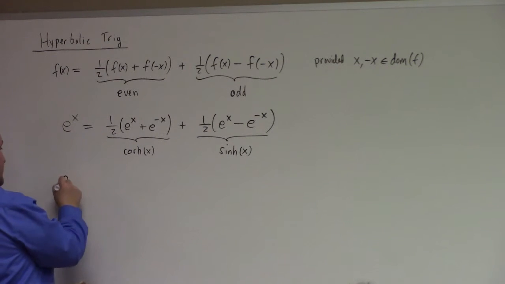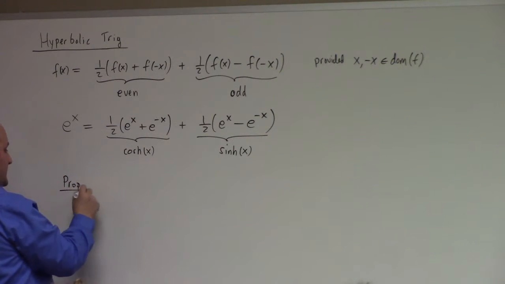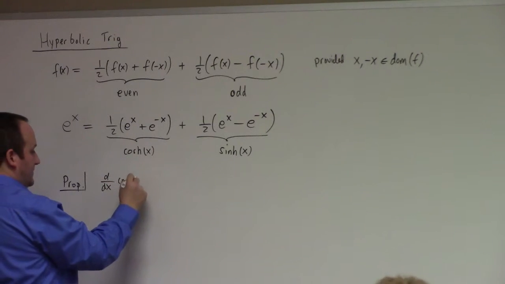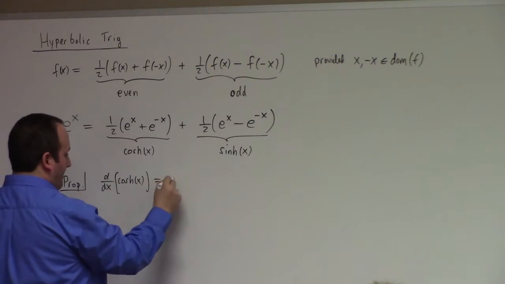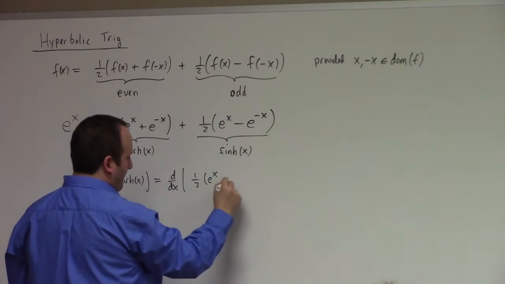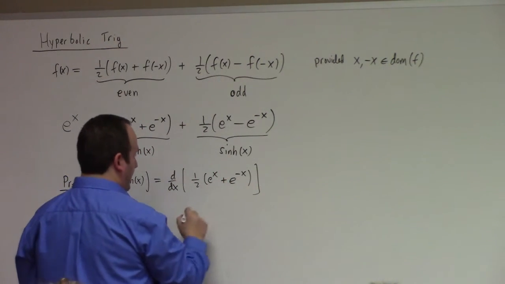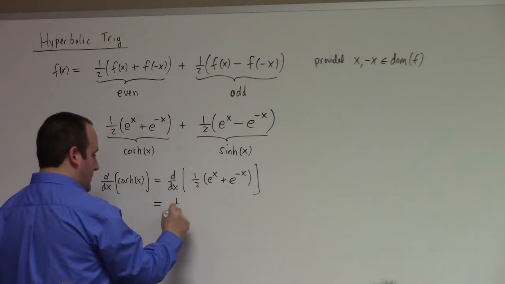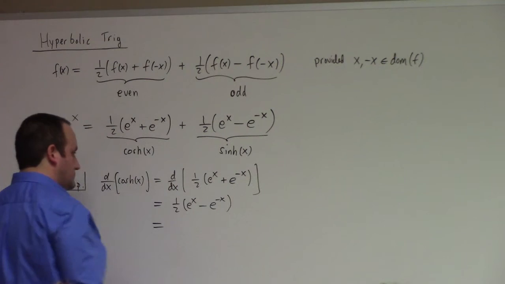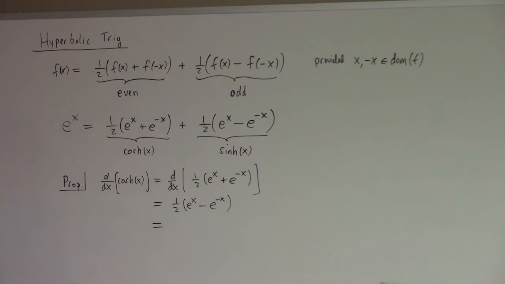So, properties. What are properties of sinh and cosh? First of all, you might notice that d/dx of cosh x is what? By the chain rule, right?